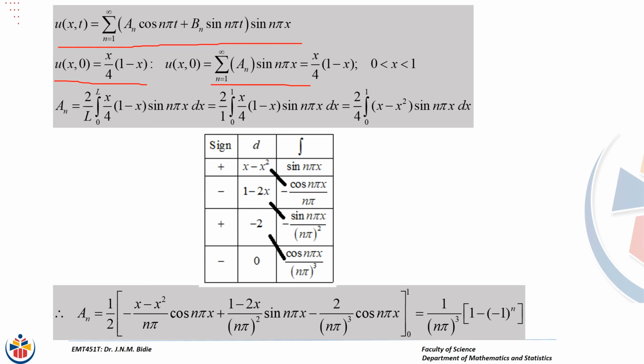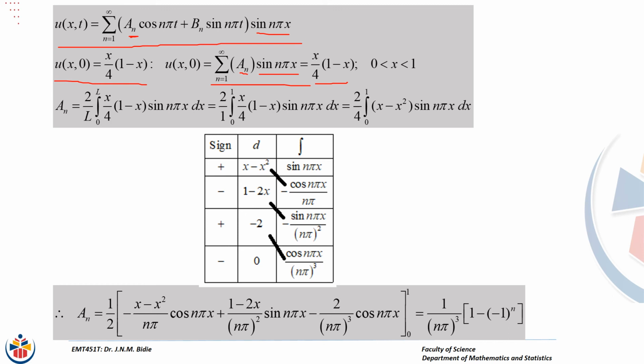So in that whole bracket, you'll be left with the first term that has got an only, because cos 0 is 1. Hence, we have an here, multiplied by that sine function, which is sine n pi x. So we have a summation of an sine n pi x equal to the right-hand side of that initial condition.